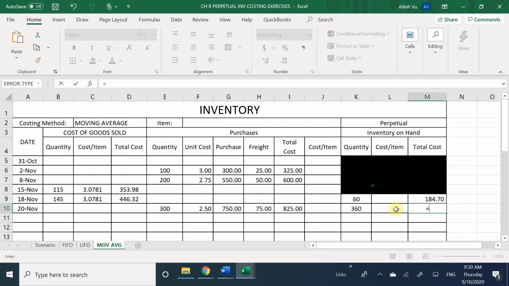We're going to add our 184.70 plus our new amount of 825. We also forgot to calculate this. So what is my cost per item now for this exact one? 2.8047.